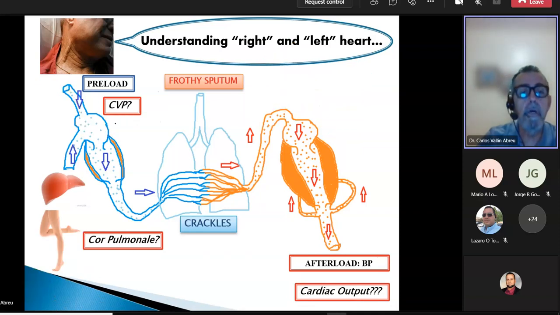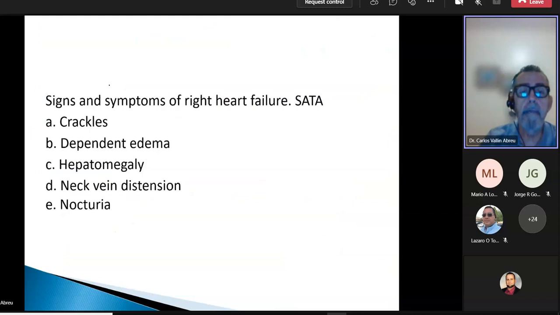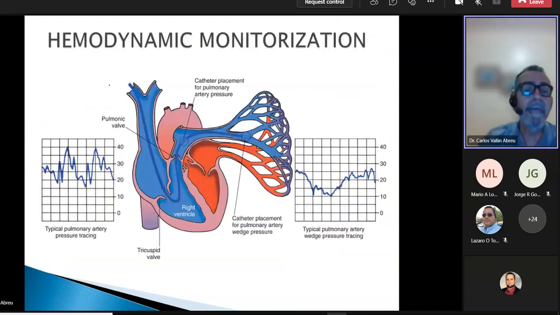Nevertheless, doctors use a more sophisticated method of evaluation of the preload. And they use a much, much longer catheter that is not stopping here in the superior vena cava. It continues inside the right atrium, the right ventricle, inside the pulmonary artery, and even continues in one branch of the pulmonary artery until finding a narrow branch.